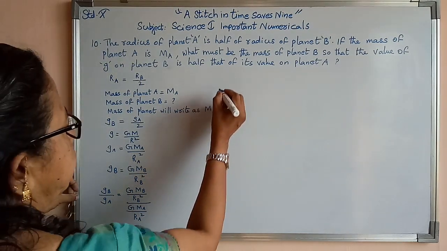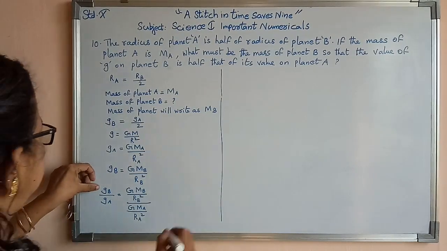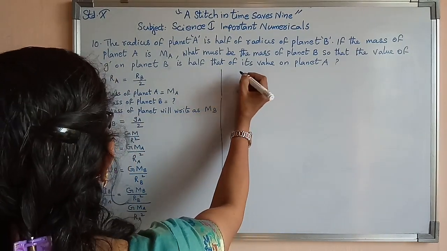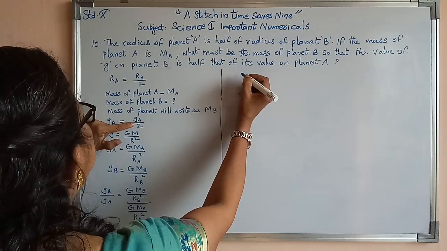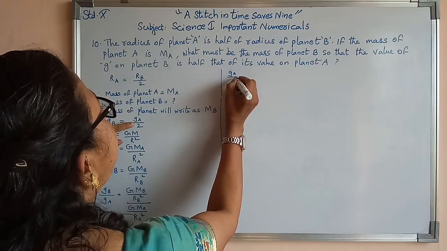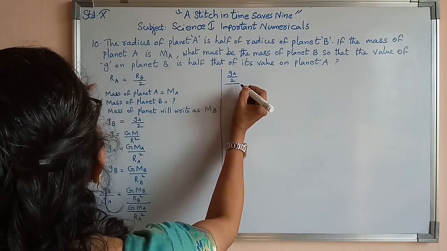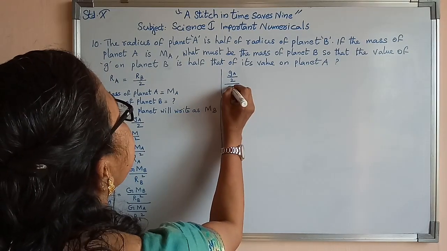Now here, the value of Gb we have is Ga upon 2. Upon Ga, the same value, we will write Ga.